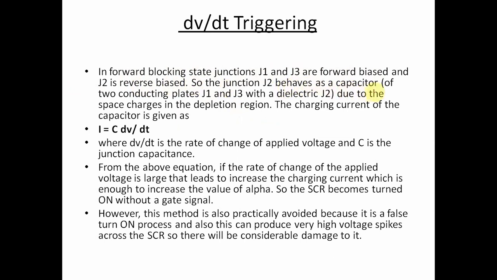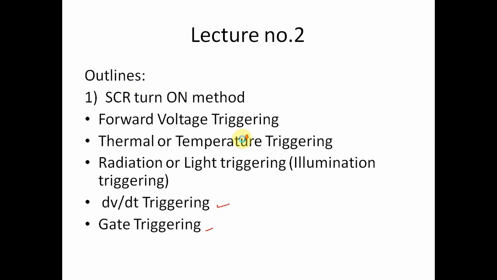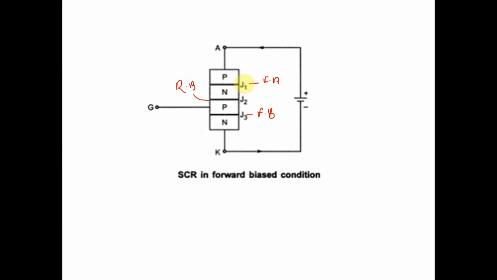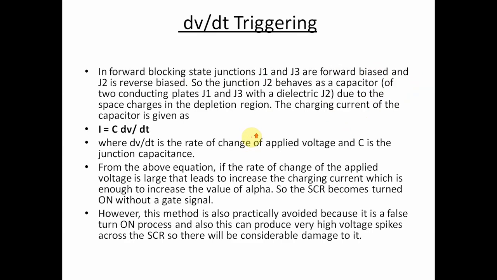The junction J2 behaves as a capacitor, with J1 and J3 as two conducting plates and J2 as the dielectric. The reverse biased J2 junction acts as a dielectric material, and J1 and J3 act as two parallel conducting plates.